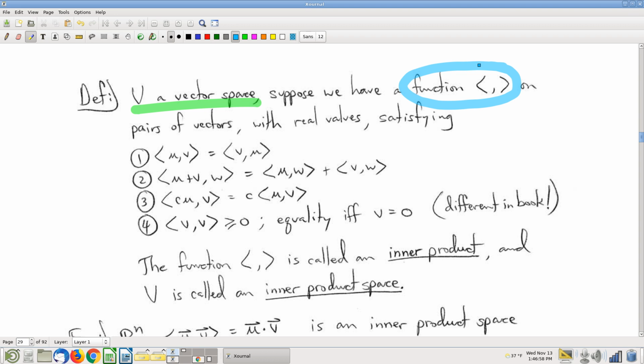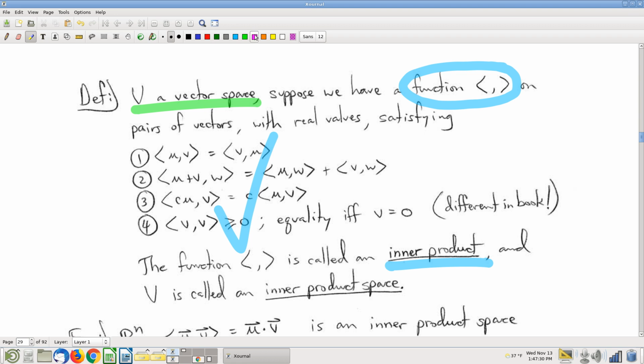Apologize for the notation. It's a weird notation to put the vectors inside of triangular brackets separated by a comma. Anyway, this is how it gets written. So anyway, it's strange. But that function just needs to have those same 4 properties from the previous page. Any operation that you can define on vectors that satisfies these 4 properties, we call an inner product.